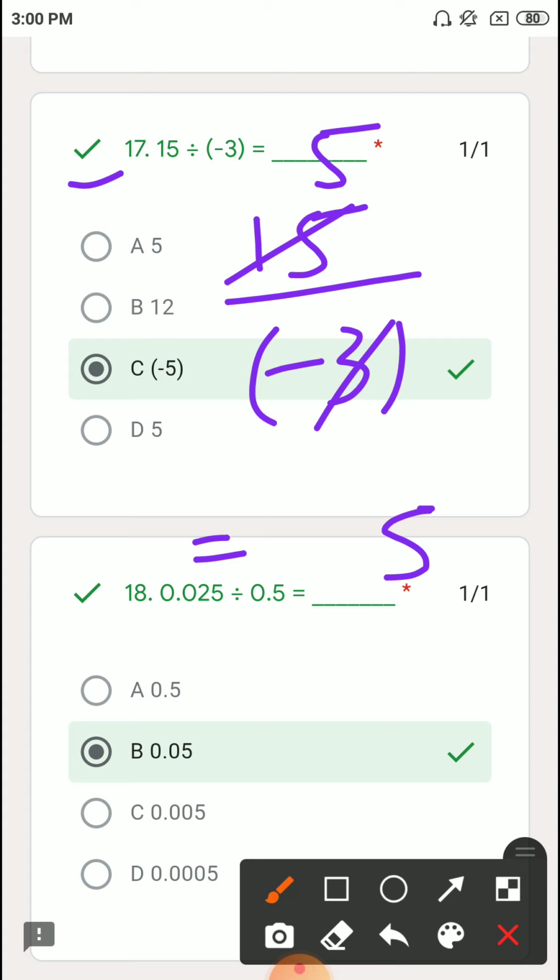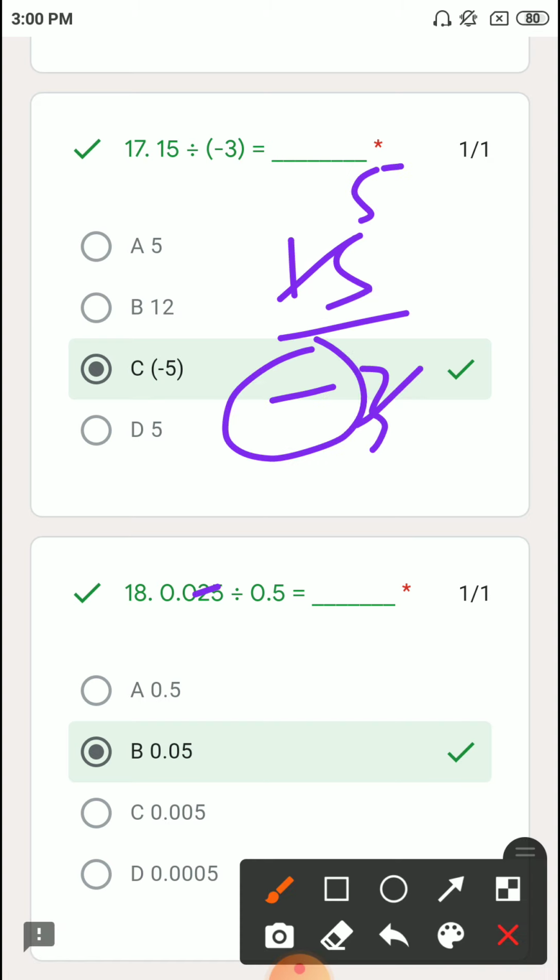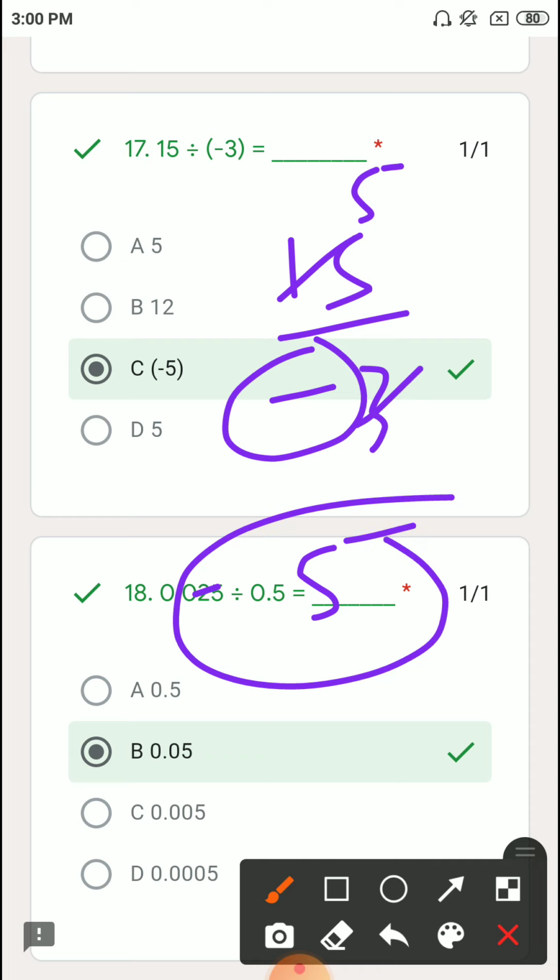And for the division, here positive sign is there, here negative sign is there, so plus minus minus, so our answer is minus 5. So option C is correct, minus 5.